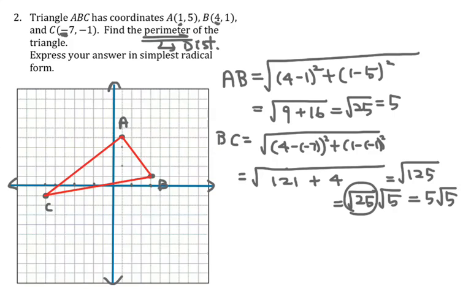Now, third, AC. AC now is, we're going to go for x first, I guess. 1 minus negative 7 squared plus 5 minus negative 1 squared.